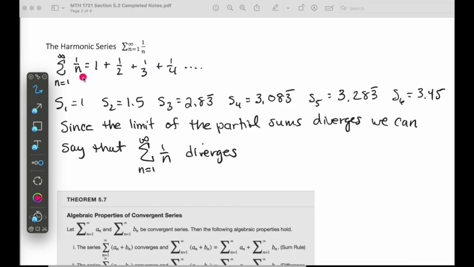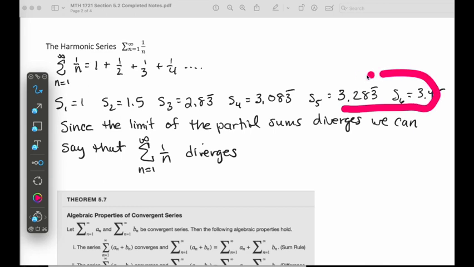So if we look at the terms, we have 1, 1/2, 1/3, 1/4, etc. Add 1 plus 1/2, so that's 1.5. S3 is what I get when I take 1, 1/2, and 1/3, which ends up being 1.83 repeating. S4 gives me 2.083, and so on.